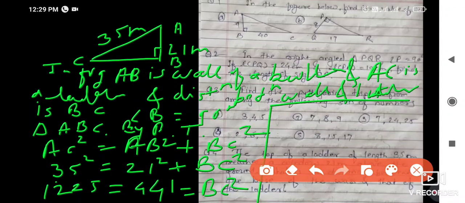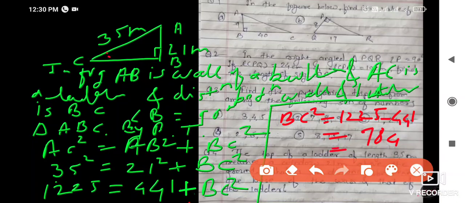So BC square is 1225 minus 441, which is 784.